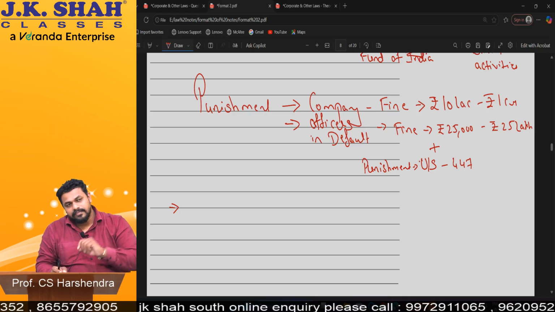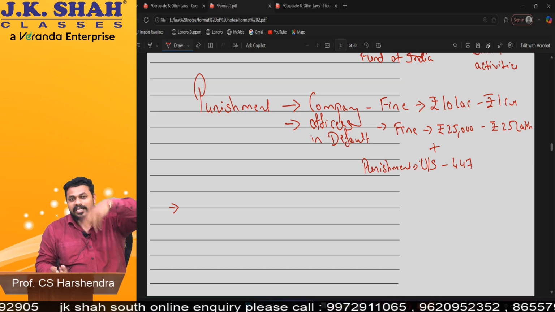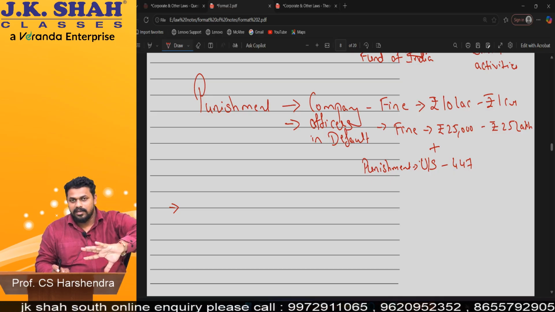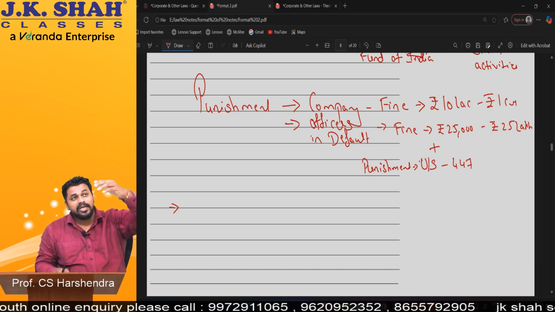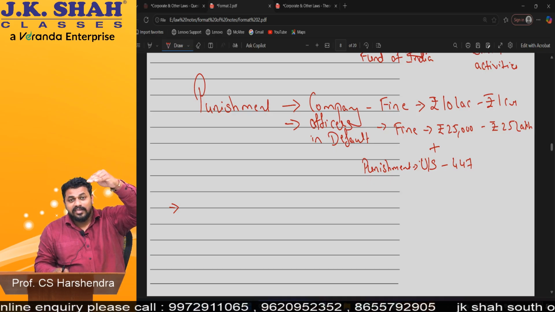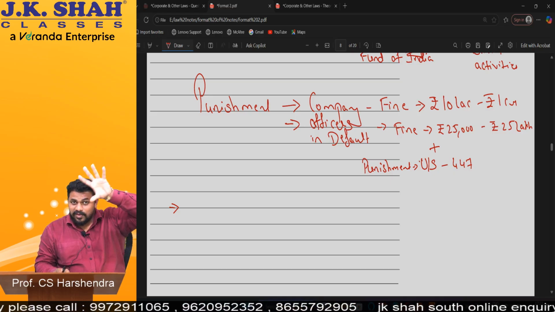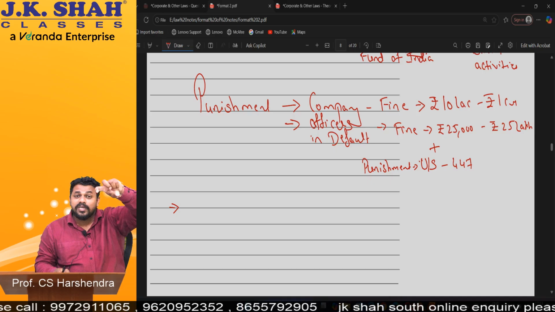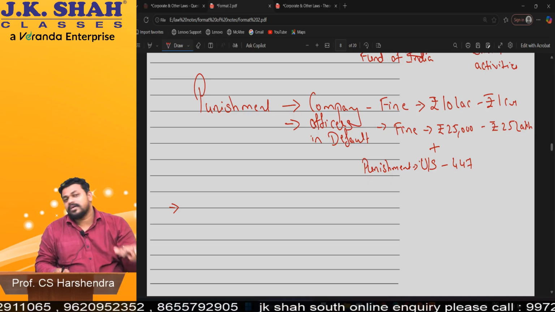Understand? In MOA, there are many clauses. In lesson number 2, you will properly understand. This also I was about to take in lesson number 2, but only small points I am taking here. Name clause, situation, registered office clause, object clause, liability clause. Okay, like this. In that, object clause is there. Object clause, the purpose of forming the company, the main objects of the company, is written.